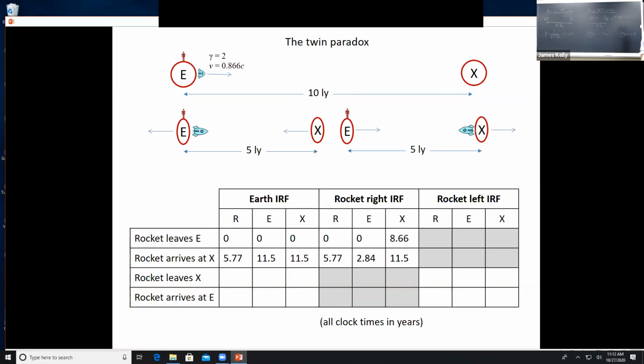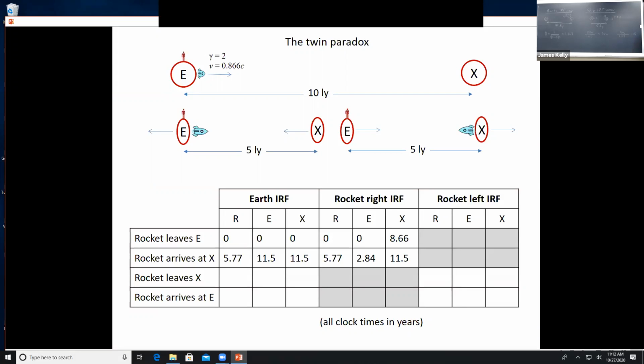Rephrasing it in terms of the way we described it in class, Earth, distant star, rocket going between, the rocket is present at the leaving Earth and arriving at X events. Our takeaway was the rocket's going to assess less time between those two events than the Earthlings will. So here, the tip of Bob's rocket is present at both events. So that means Bob is going to assess less time between these two events than Alice is.